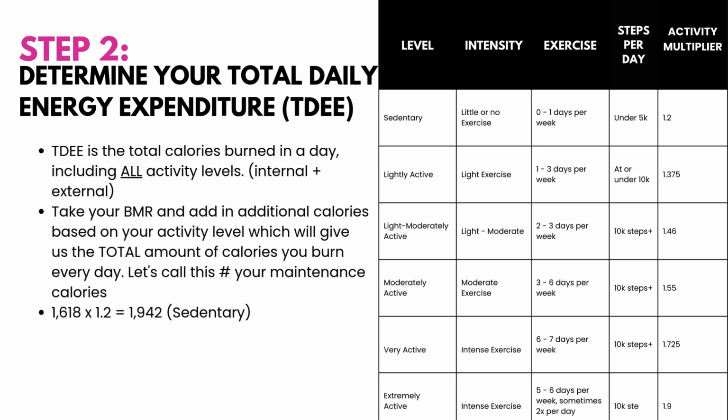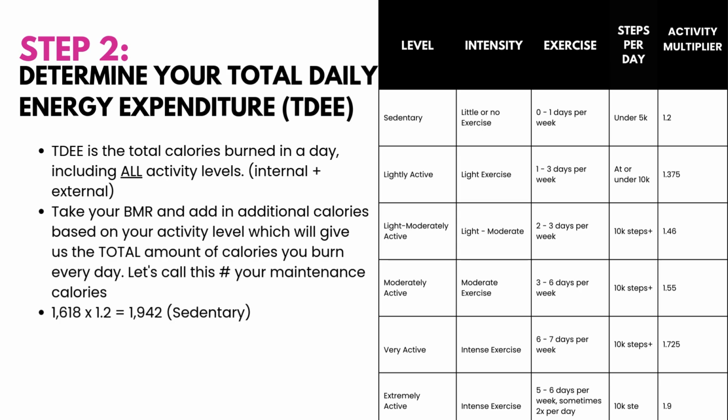Once you have your BMR, that brings you to step 2, which is to determine your daily energy expenditure, also known as your TDEE. This is essentially the total number of calories your body burns in a day according to your activity level.